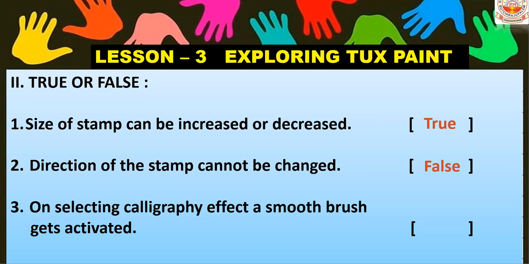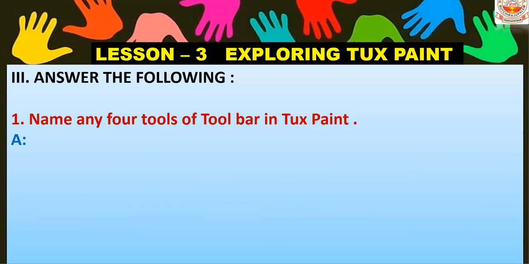So it is false. The next one, on selecting calligraphy effect, a smooth brush gets activated. When you select the calligraphy effect, a smooth brush gets activated. Is it true, children? Yes, it is true. Now let us see question and answers. Answer the following. The first one, name any 4 tools of toolbar in TuxPaint.